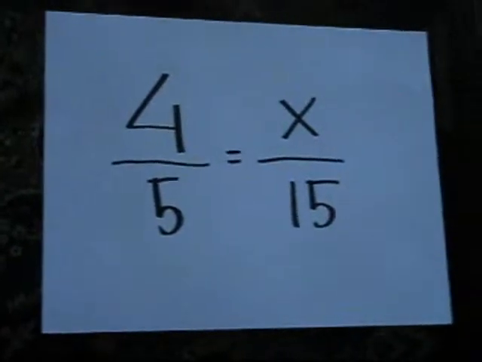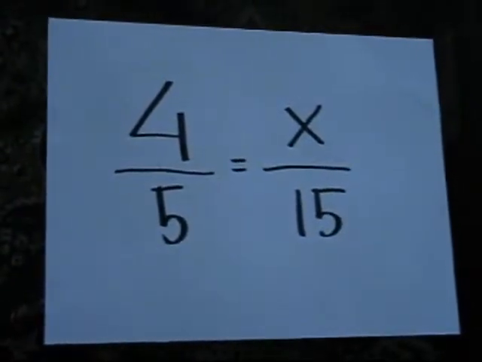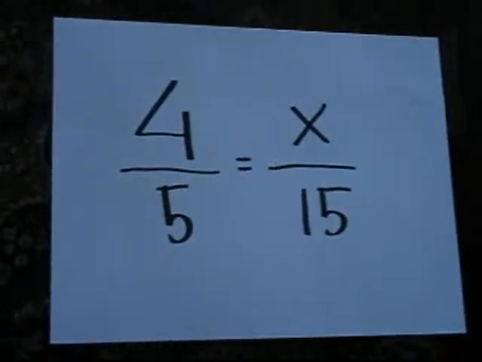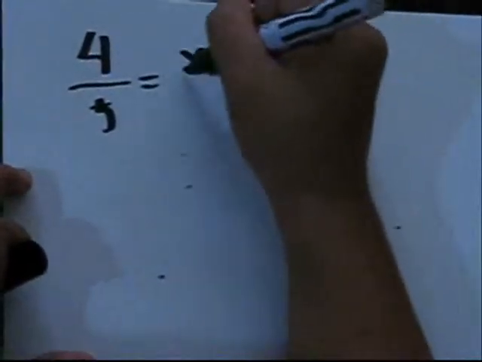Example, find the missing term in the proportion 4 is to 5 as x is to 15. The solution: 4 is to 5 as x is to 15.